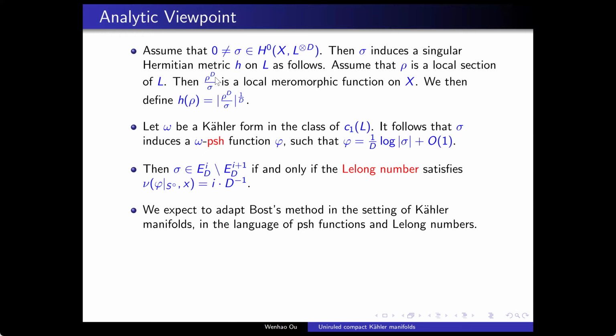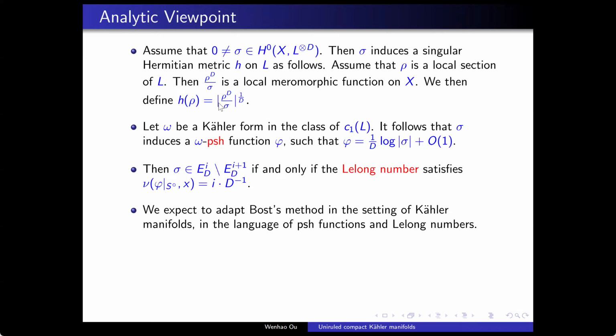So we can do this. We take the power d of this local section, rho^d, and divide it by sigma. Above is a section of L^d, below is a section of L^d. So their quotient is indeed a section of O_X, which means that this is indeed a local meromorphic function on X. So we can consider their absolute value, and we define the length or the metric of rho.